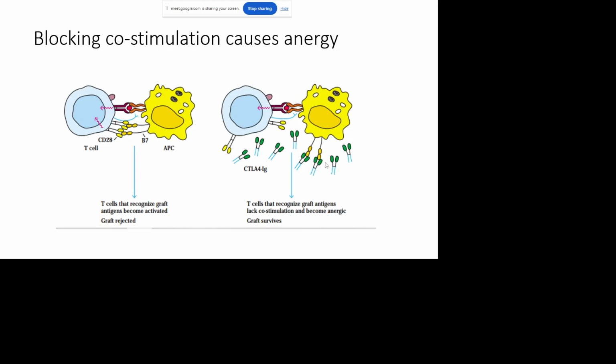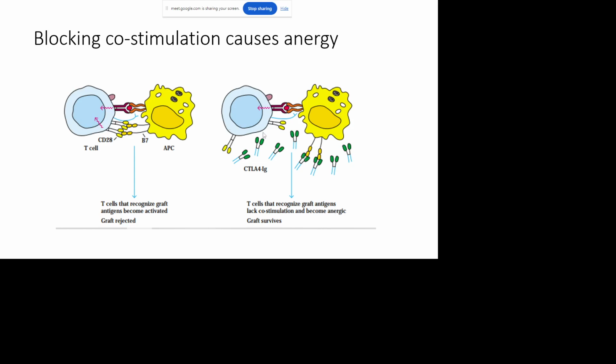It will bind to B7, so B7 will not be available, B7 will be blocked. So now this B7 CD28 interaction will not be possible because B7 is occupied and blocked by this CTLA4 Ig, right? So there is only one signal, and the co-stimulation signal is absent because B7 is blocked, right?